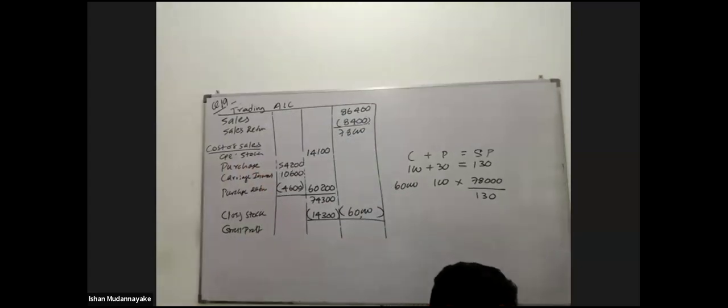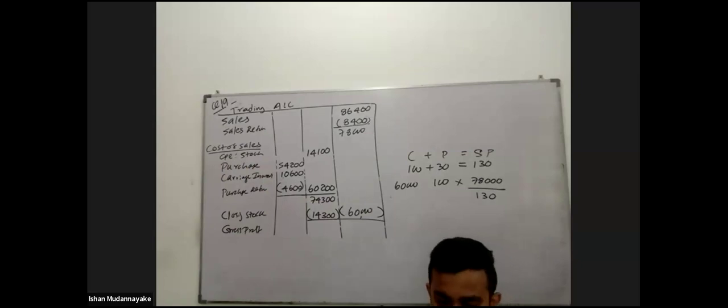I think, Daksharni, closing stock, how much? Closing stock 40,300. All right.